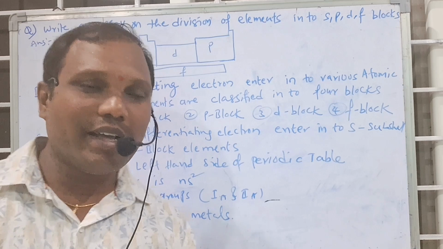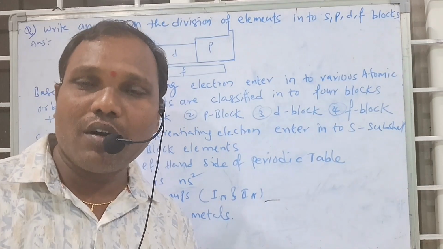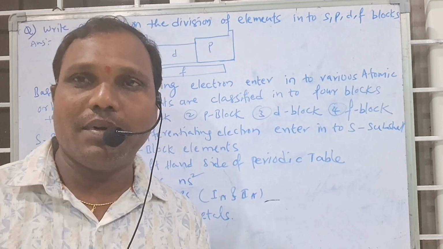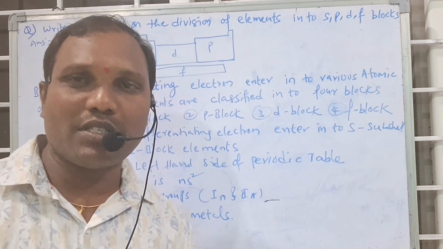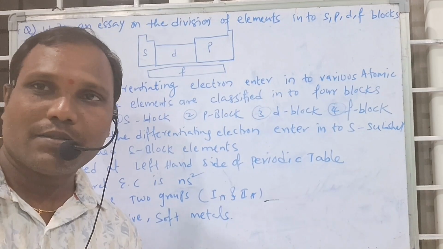The s block contains two groups: 1A, called alkali metals, and 2A, called alkaline earth metals. These s block elements are highly electropositive in nature and soft metals.